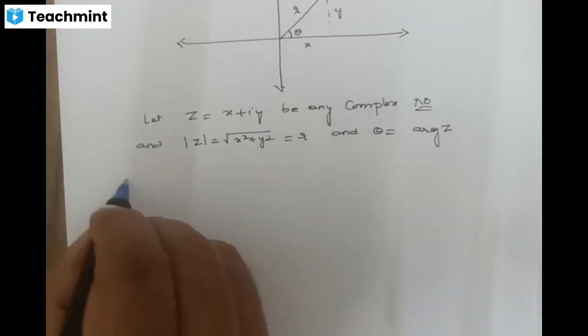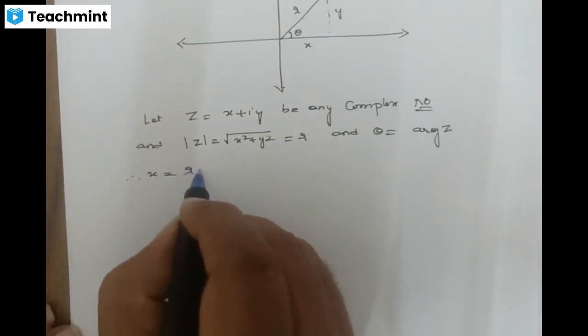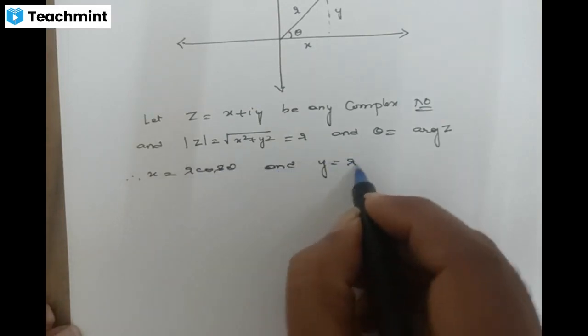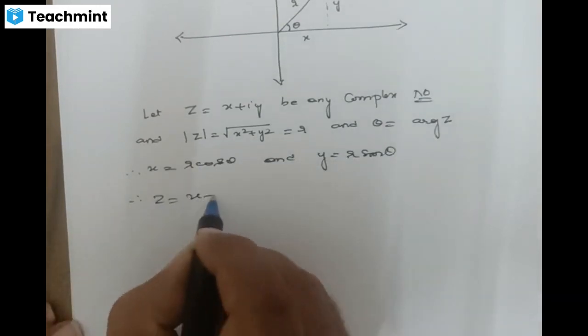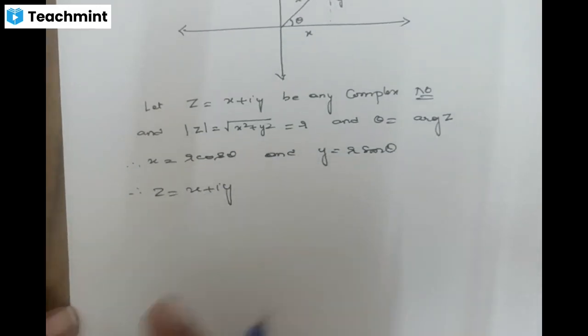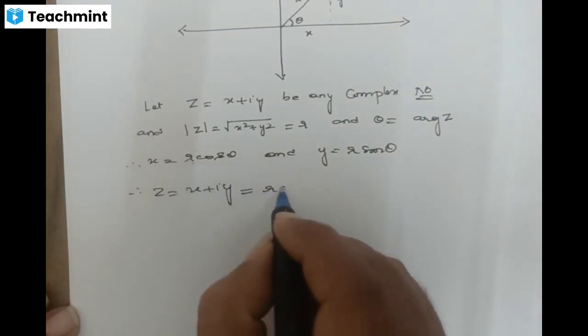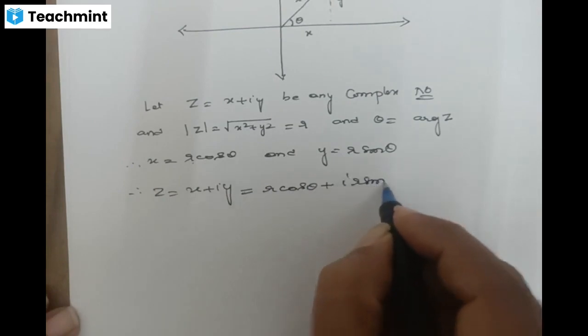Therefore X is equal to R into cos theta, and Y is equal to R into sin theta. Therefore Z is equal to X plus Iy, the Cartesian form, we can express in terms of polar form. X is R cos theta plus I into Y is R sin theta.